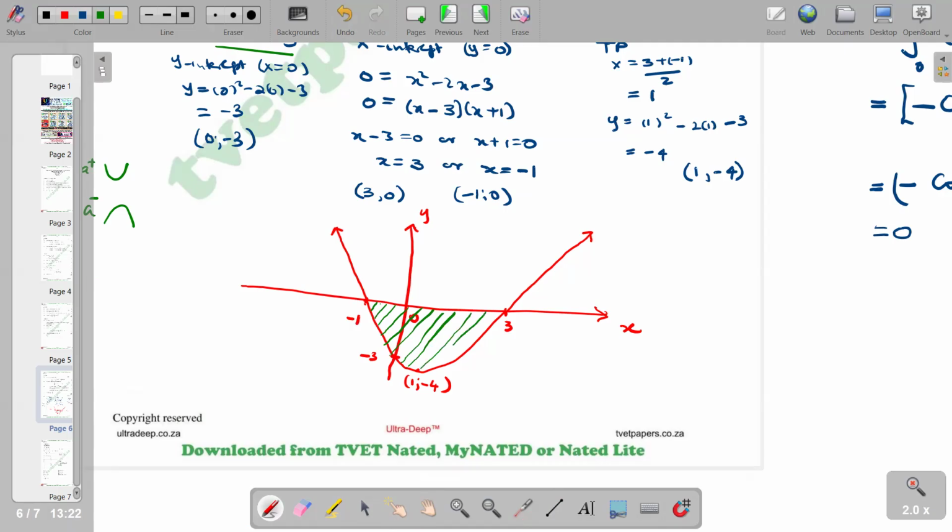Then to draw the representative strip, you just draw any part under this graph. It's just a small strip. So I can show the representative strip from here. Take note, it won't go beyond the graph.